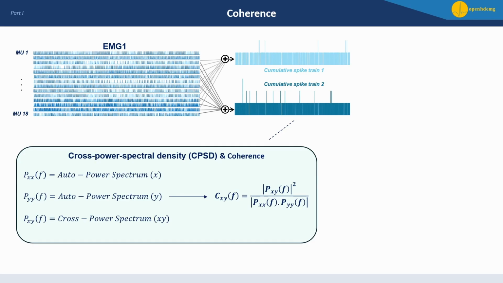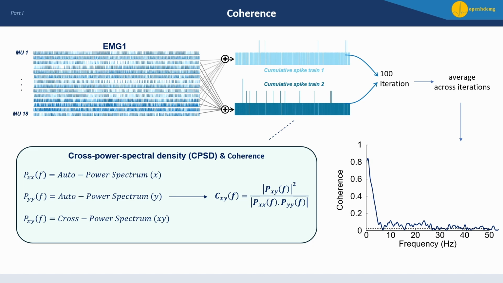And from that, we calculate our coherence based on the Welch's periodogram method, which is the estimation of the auto power spectral and cross power spectral density of the signal. And we repeat this with 100 iterations. And then the pooled coherence gets estimated, and we get our coherence curve.